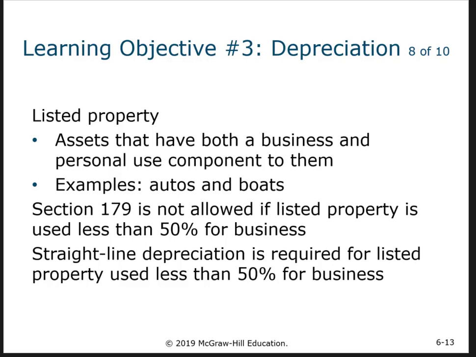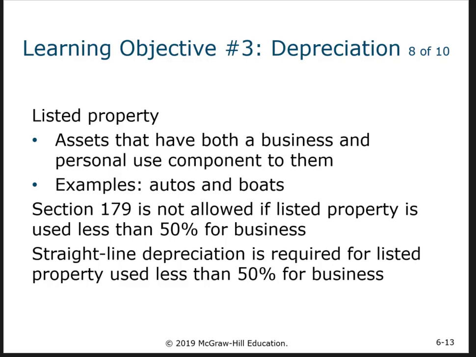Those are the kinds of things that the IRS is very suspicious of you having entirely for business. So they're going to make you list them. That's what we call listed property every year. If it's not listed property, you list it only in the year you buy it. You list it that year, and then after that, it's just summarized on the form. But listed property has to be listed every year you own it.